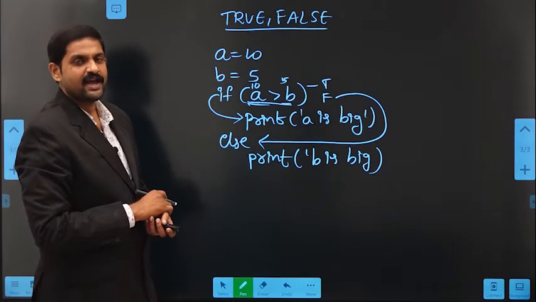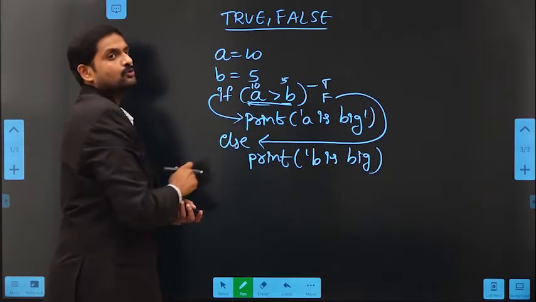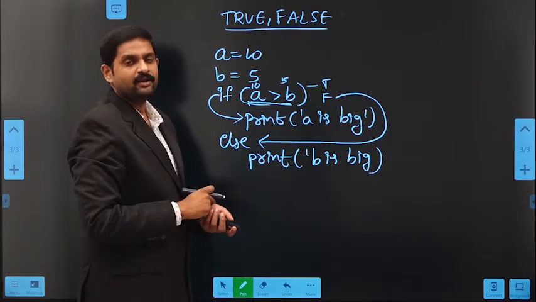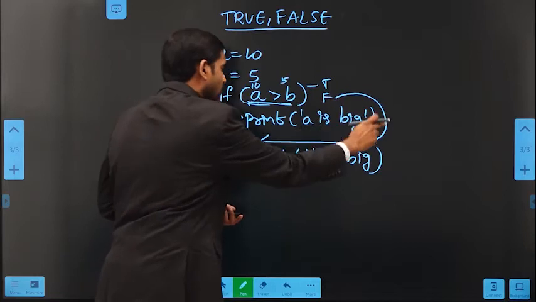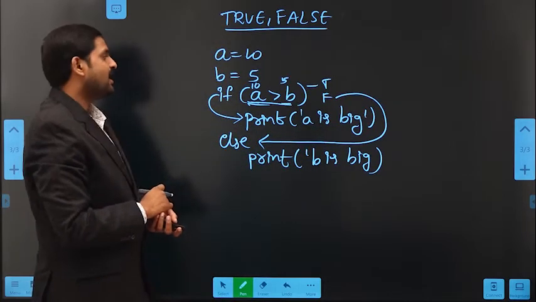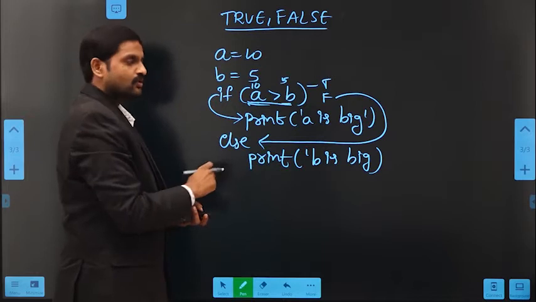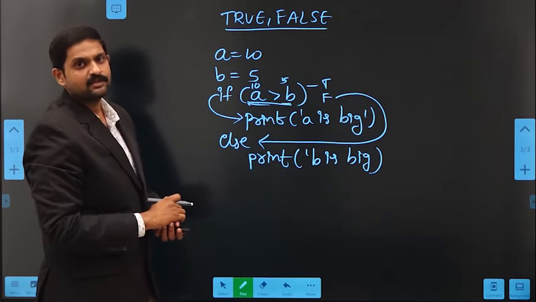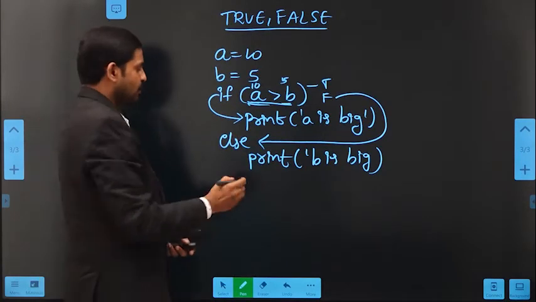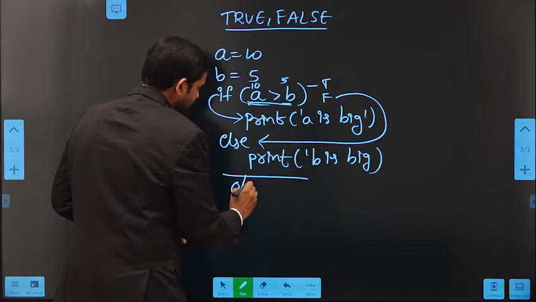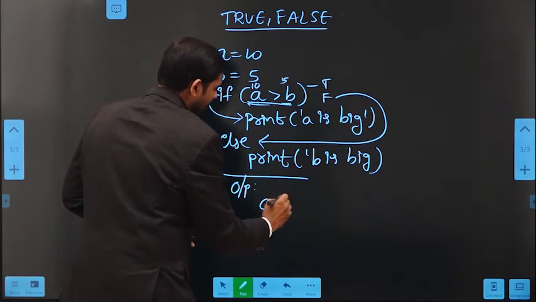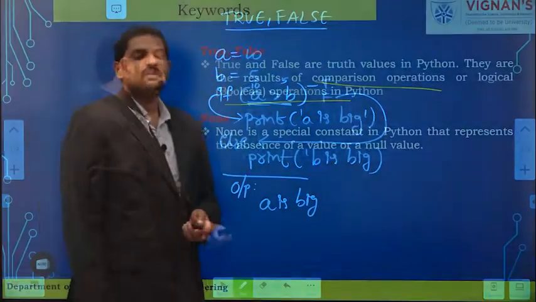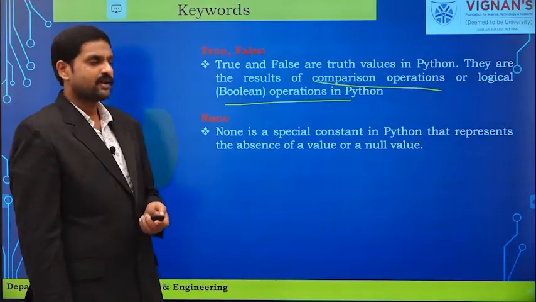Is it clear? If the result is true, control goes to the next statement. If the result is false, control goes to the else block. As 10 is greater than 5, control goes to the next statement. It prints that A is big, and the next part is ignored. So the output of this code is A is big.